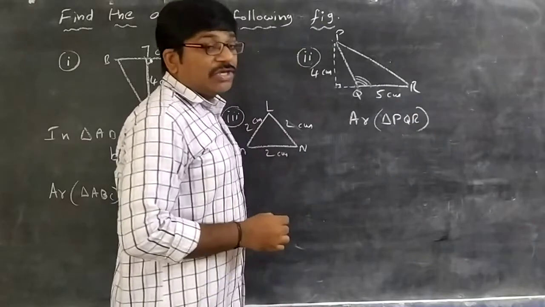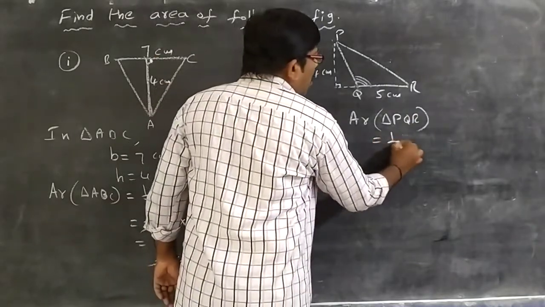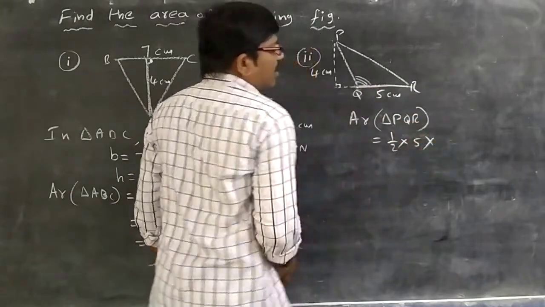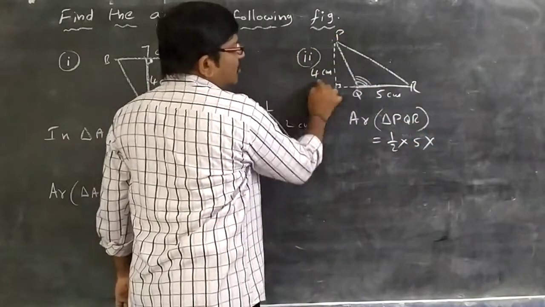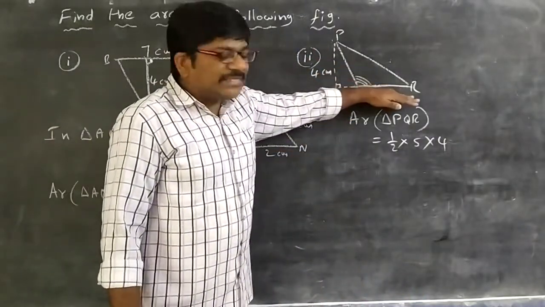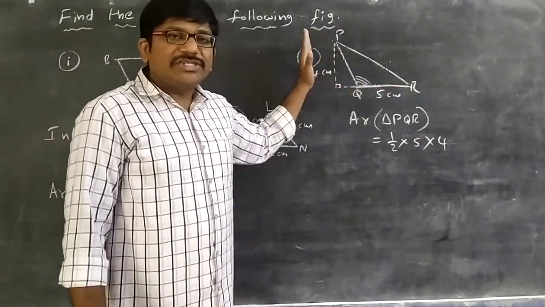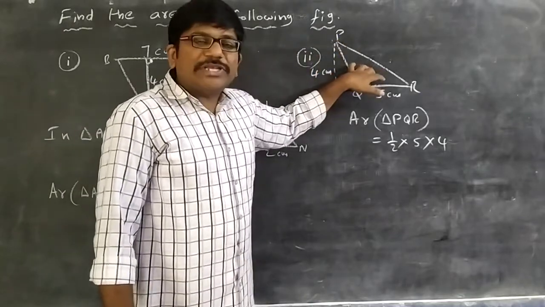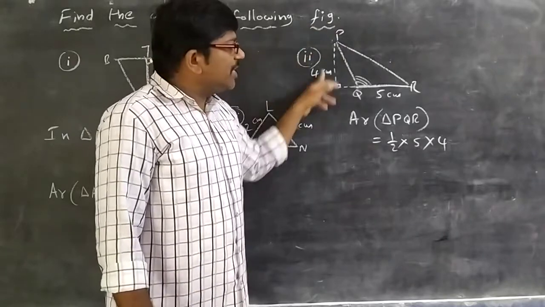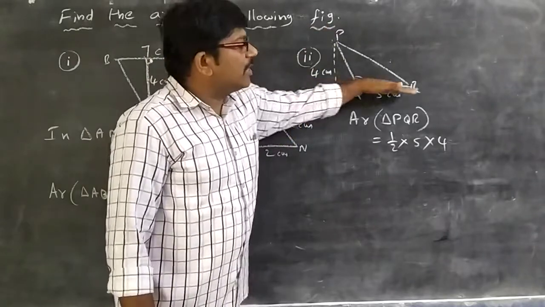Area of triangle PQR is equal to half into base, here the base is 5 centimeters, into height, which is 4 centimeters, right? So in this problem, the base and height are given, right? So in an obtuse angle triangle, the height always comes outside, and height is always perpendicular to base.